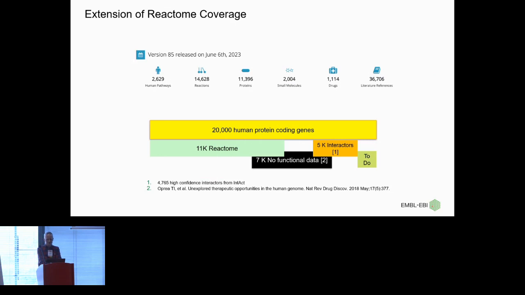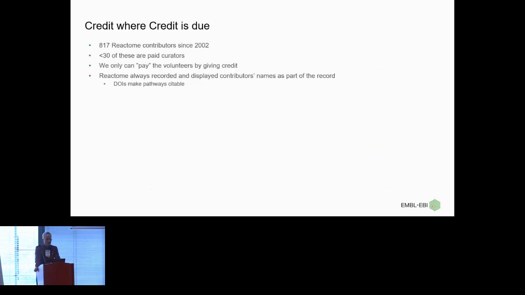Now, a quick excursion, because I changed this and put it in after the discussion around CIViC, and this is credit where credit is due. Reactome has had 800 contributors since 2002. Fewer than 30 of these were paid curators.